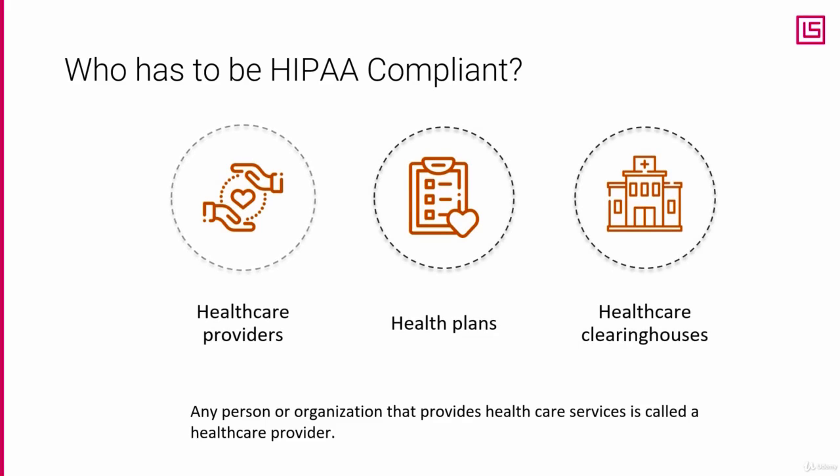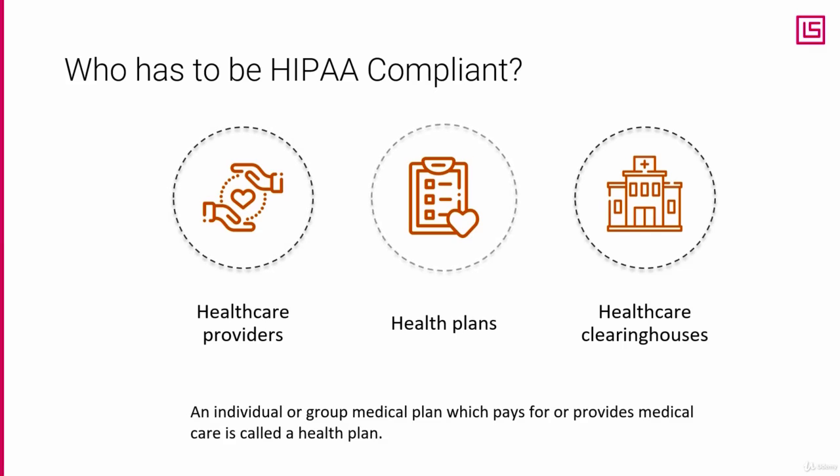Any person or organization that provides healthcare services is called a healthcare provider. These include your doctors, nurses, therapists, administrative staff, pharmacists, etc. An individual or group of medical plan which pays for or provides medical care is called a health plan.